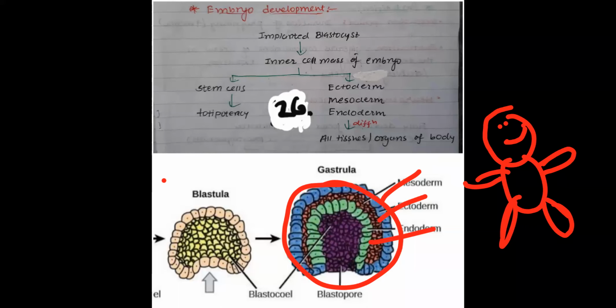Whereas, throughout from mouth to anus, the innermost layer, that is the mucosa membrane, is developed from endoderm. The glands like pancreas and liver develop from the endoderm. So this is how all of them participate in the development of our entire body.